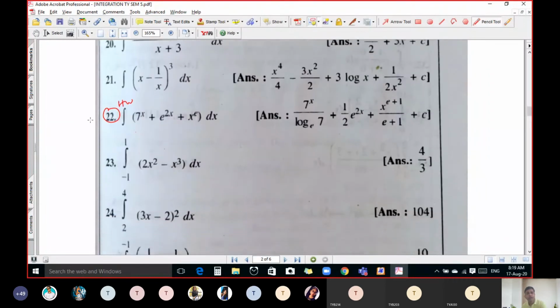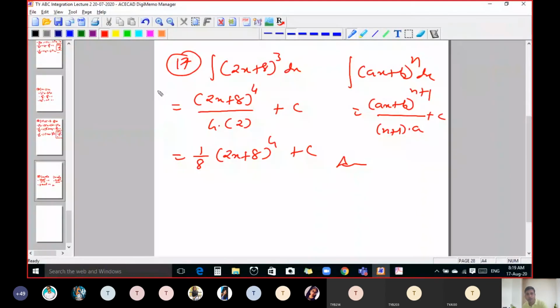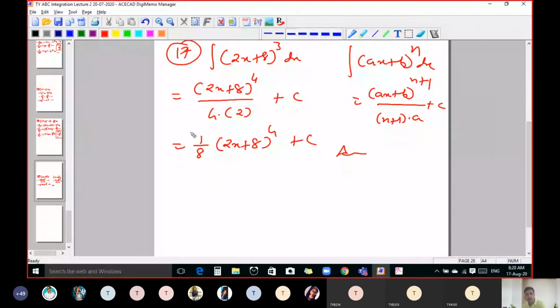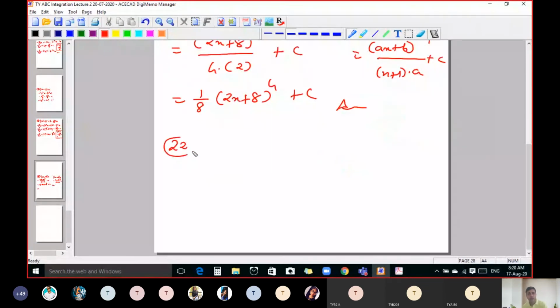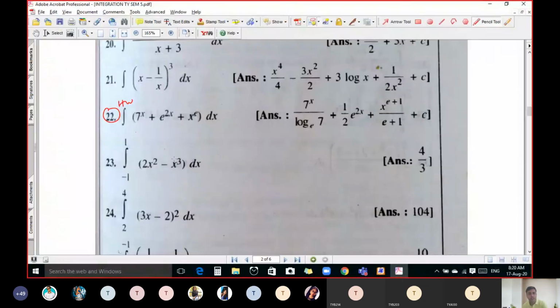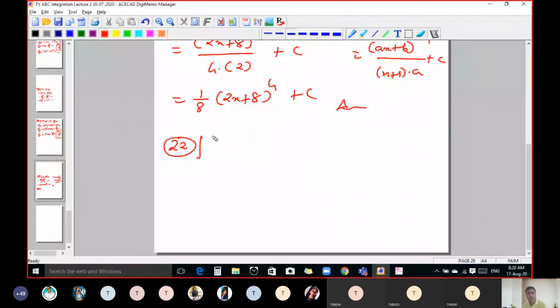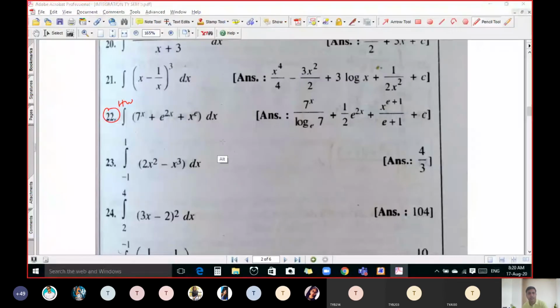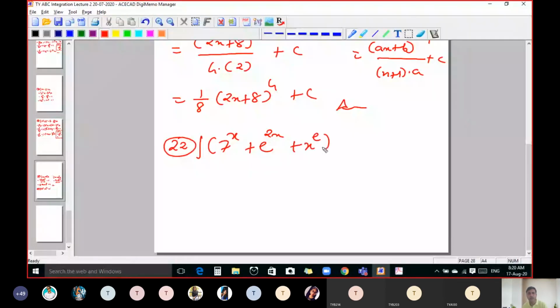Question number 22. The question is integration of 7 raised to x plus e raised to 2x plus x raised to e, dx.